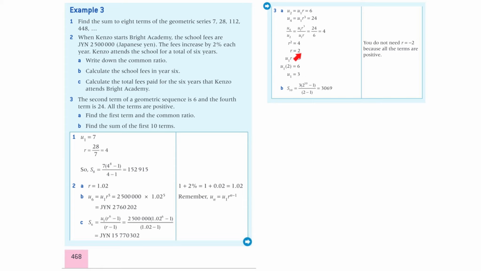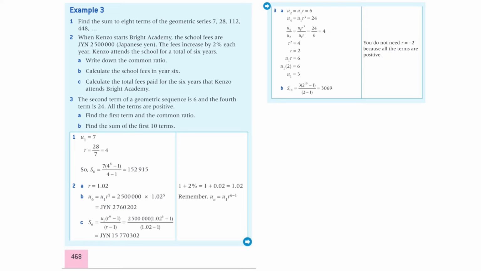So r could be plus or minus 2, but it tells us that all the terms are positive, so r has to be positive, because the other two terms they gave us are positive. And if we know r, then we know the second term is u1 times r equals 6 there. So we know r, we know 6, so u1 must be 3. It says you do not need r equals minus 2 because all the terms are positive.